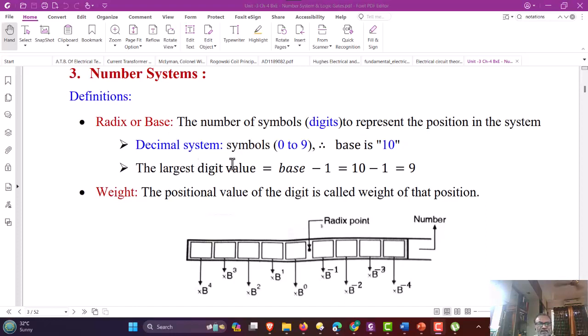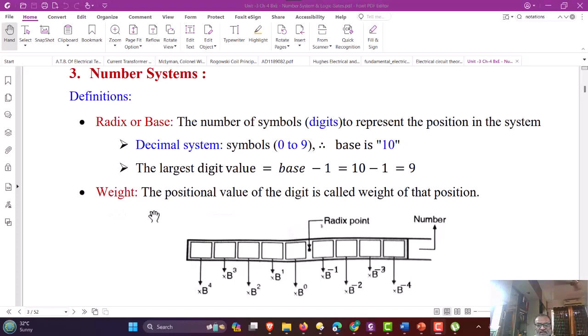For example, in decimal system, the number of symbols used are 0 to 9. Therefore, total number of symbols are 10, and thus the base of the system is 10. The largest digit in the decimal system is base minus 1, that is 10 minus 1. And this logic is applied to all forthcoming systems.